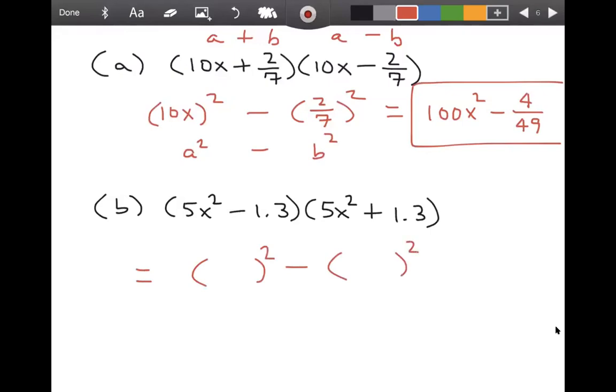This time I'm going to fill in the blank with 5x squared. So that might be a little tricky. Notice that one's already squared, so it's going to get squared again. This one is 1.3. So my final answer is going to be 25x to the 4th minus the square of 1.3, which is 1.69.